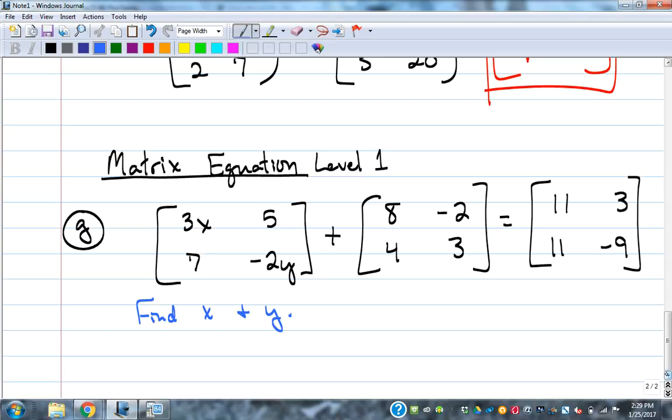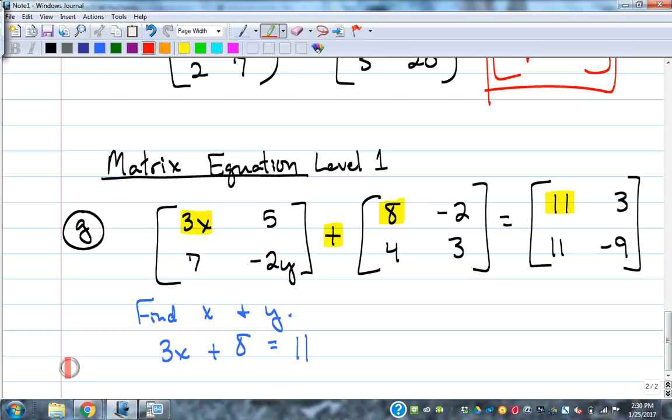So the equation I could set up for the x's would be 3x plus 8 should be equal to 11. So I'm picking up this piece, the plus sign, that piece, and the 11, because that's the part that gets the x. Then that's just a regular old equation to solve, right? Just 3x plus 8 equals 11. Just solve that for x.